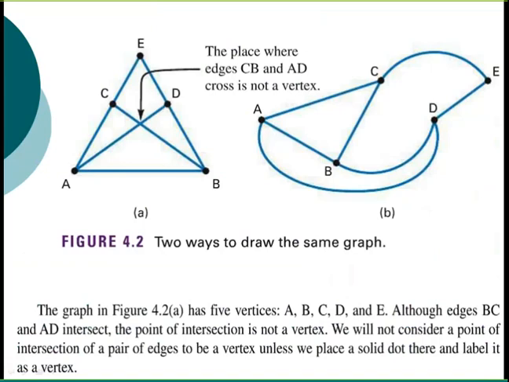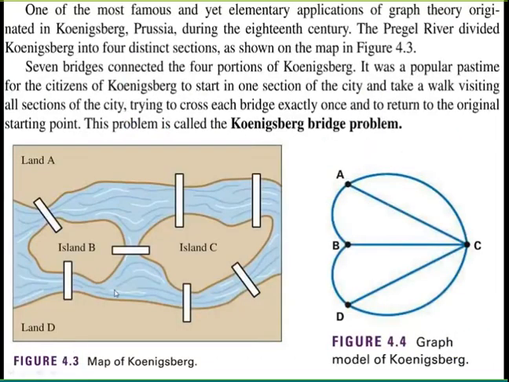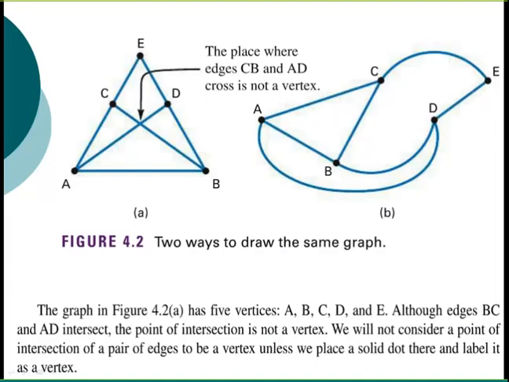Here, there's two different ways to draw this particular graph. Take a look at it. It's kind of weird, but notice there's this shape where A and C go together, and then C has to touch E, E has to touch D, but notice there's no vertex here at C and D. So there's a way that you can bend and twist the same shape so that they don't actually show that they cross, because CB and AD are not actually meeting, there's no vertex right here.